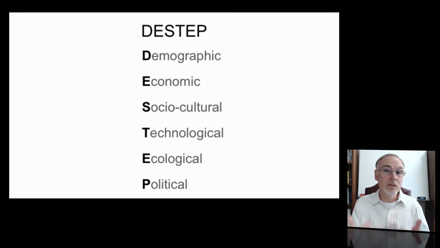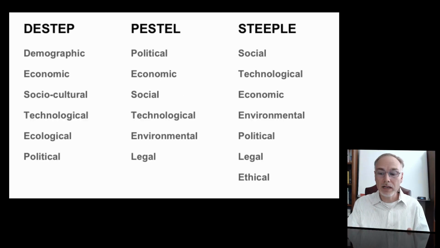So when you're using the DESTEP framework or one of the others, you need to try to adapt it and customize it and make it your own for that particular situation. The principles are the same. The categories can evolve, and the specifics within each category are up to the analyst to identify and then to pursue.